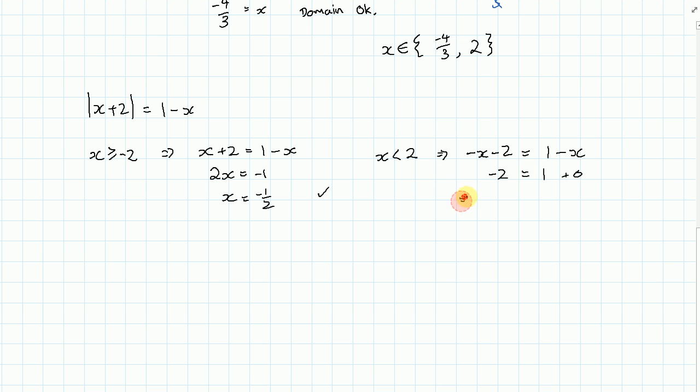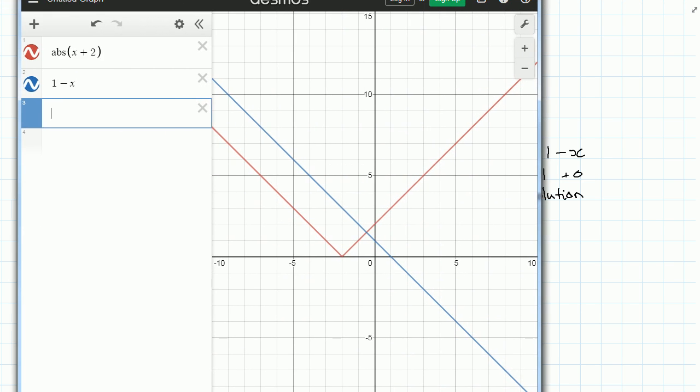That means there is no solution on that side of the graph. And if we check the graph, the left hand side is parallel when the modulus kicks in to 1 minus x. So there is no solution on the left hand side, so we've only got the one solution there when x is a half.